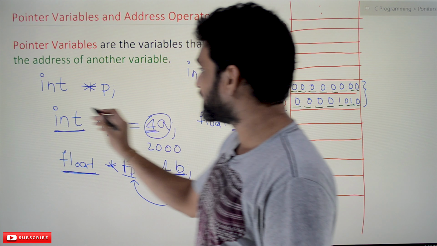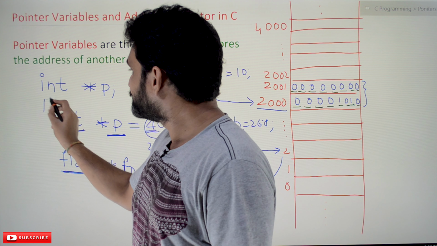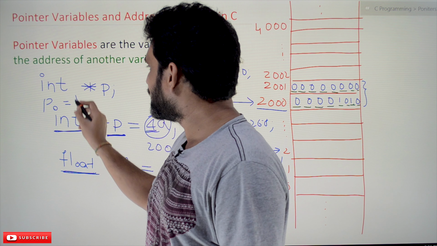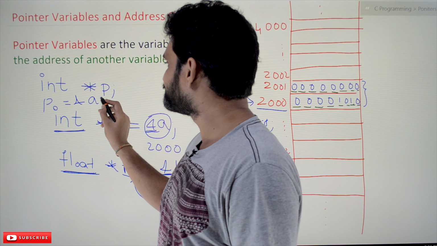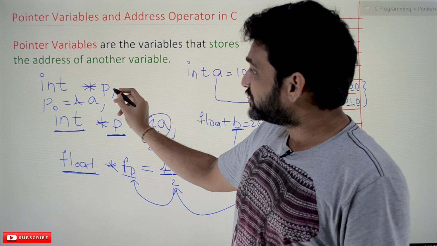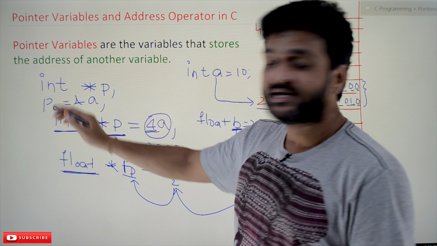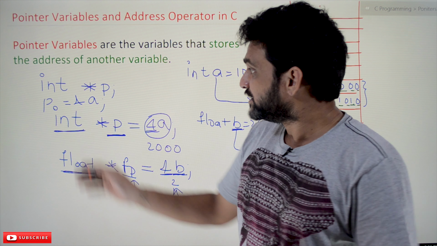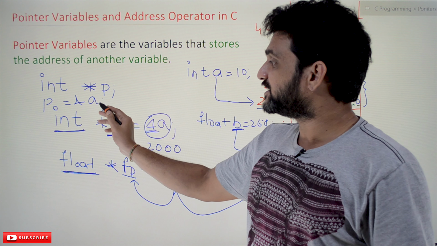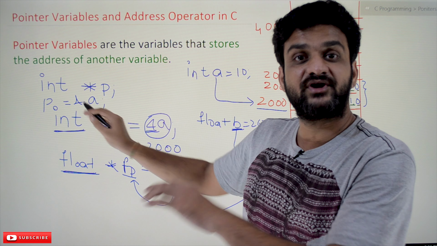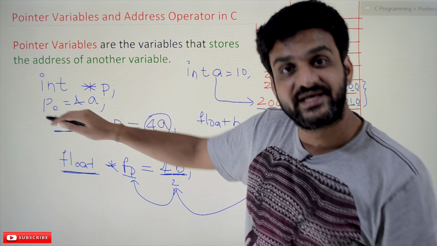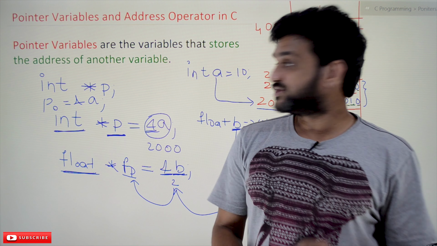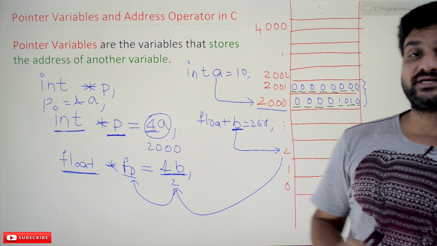How can that assignment be done? It is p is equal to ampersand a. So the declaration has been done, and the assignment is done somewhere in the program. Now the assignment of the address of a variable is done. So this is all about pointer variables and address operators.